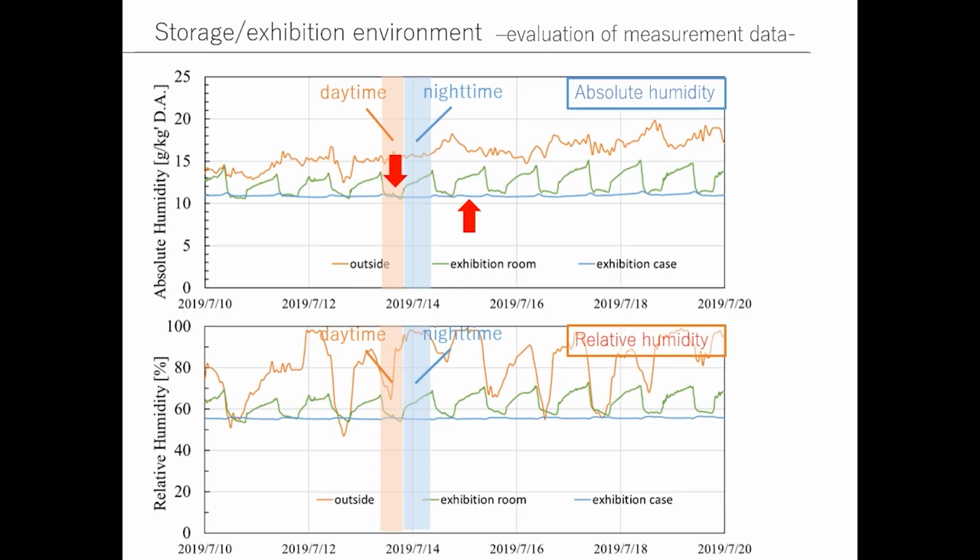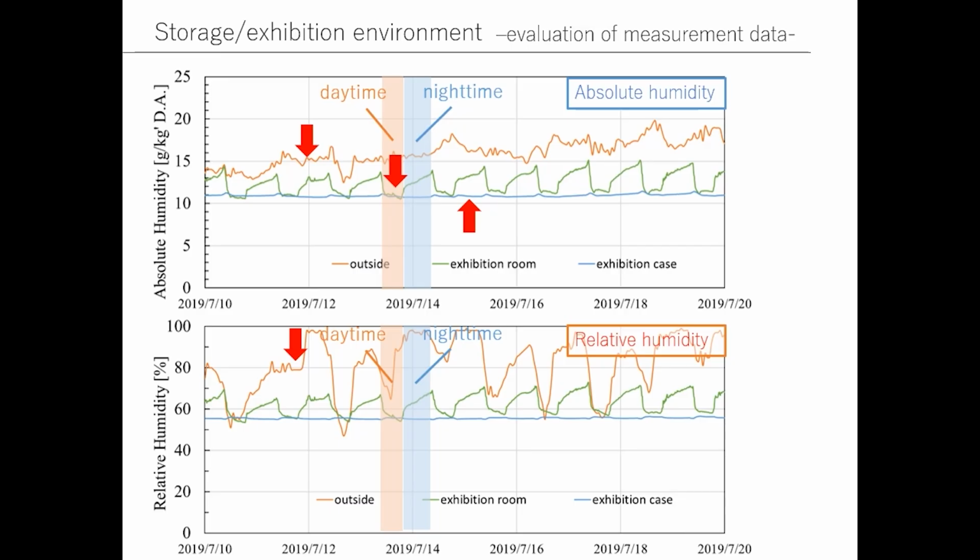Next, let's consider the relative humidity. In the outside air, the absolute humidity in the above figure was almost constant, whereas the relative humidity shows daily variation. This is because the temperature is changing. Recall that relative humidity is temperature dependent.